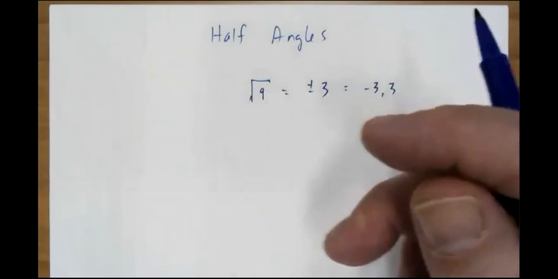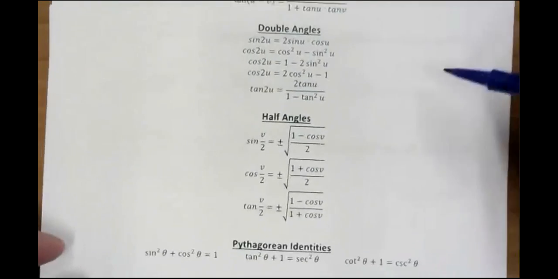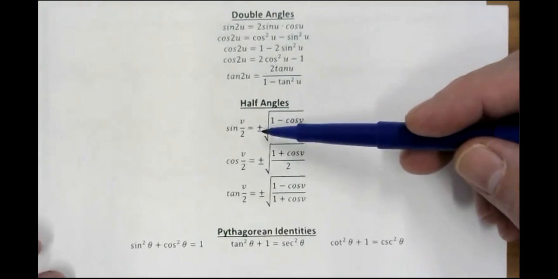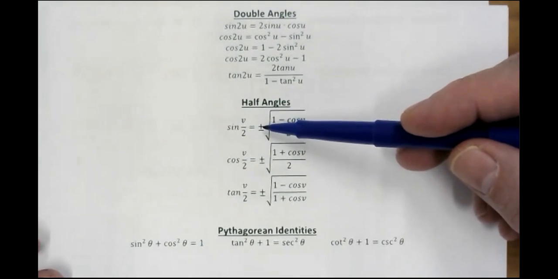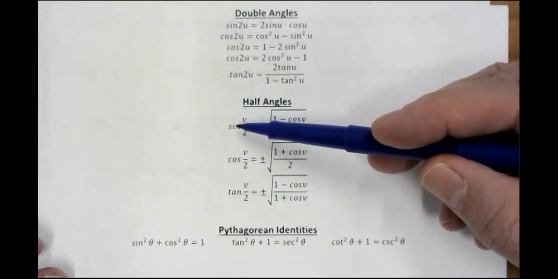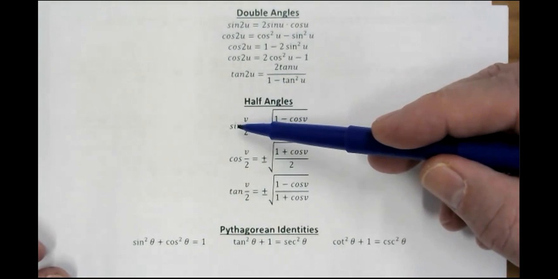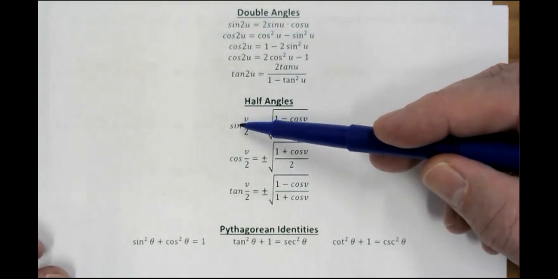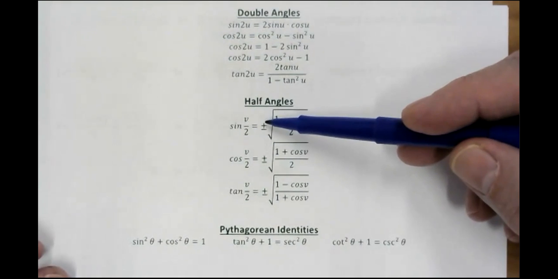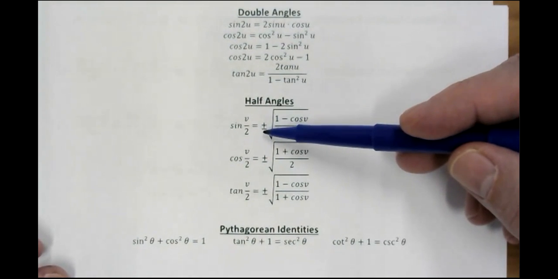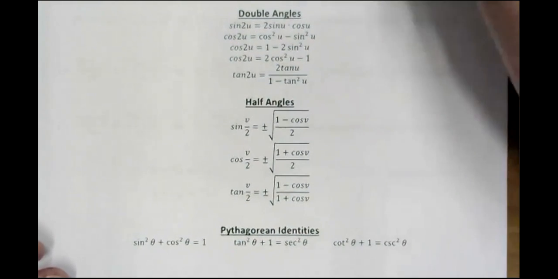Now for these half angle formulas we're going to use here, that is not how this works. In other words, when we use the half angle formula for the sine of the half angle, there are not going to be two answers, plus or minus. There is only going to be one answer.